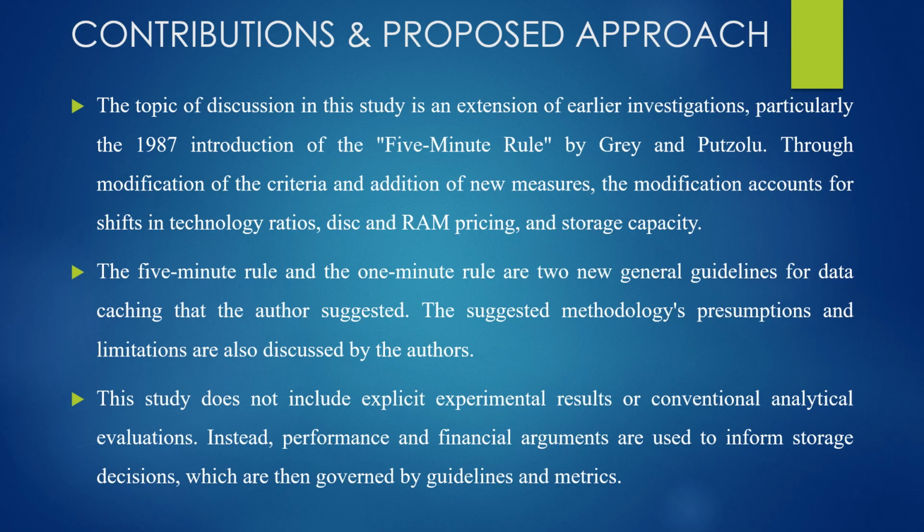The 1-minute rule and another are two new general guidelines for data caching that the authors suggested. The authors also discuss the methodology's presumptions and limitations. Instead, performance and financial arguments are used to inform storage decisions, which are then governed by guidelines and metrics.